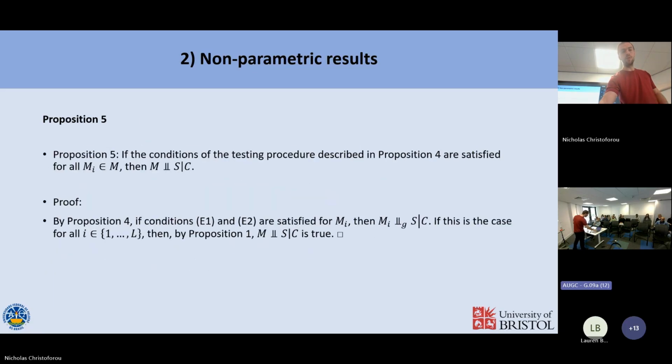But this is just for one of my incomplete variables. Perhaps I have 3 or 4 or 5. Well, I can just repeat that for all of them.